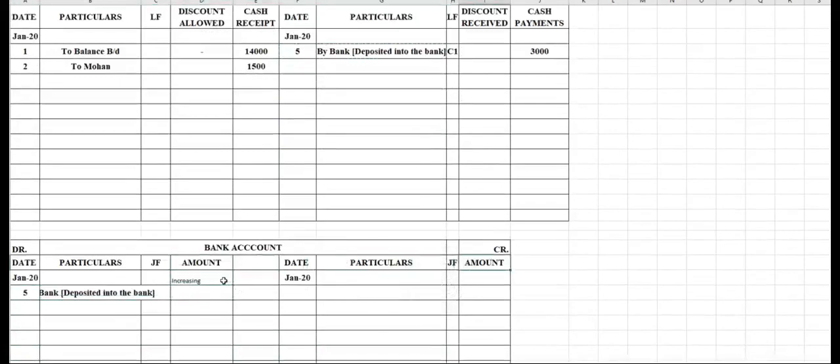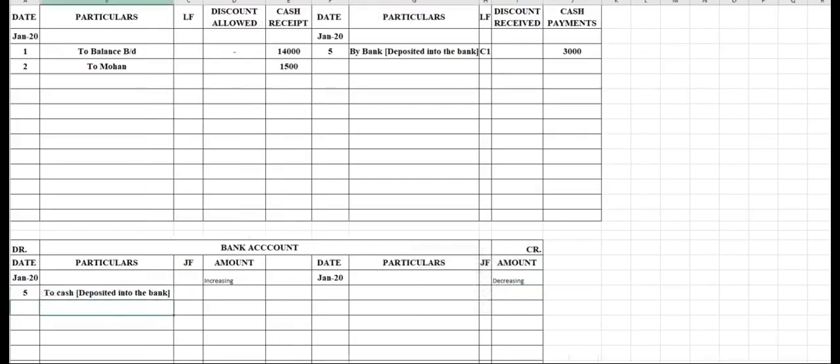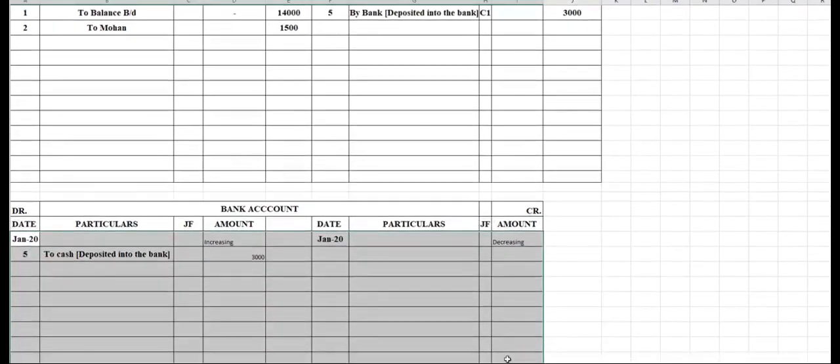Here, if it is decreasing from the bank account. Here it should be to cash. Deposited into bank. How much amount? 3,000 rupees. Let me make this a format.